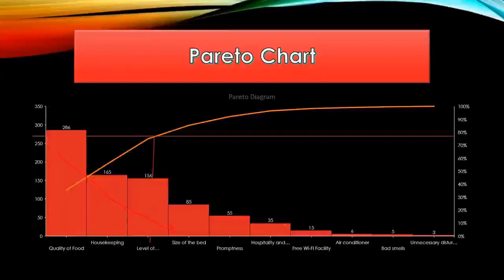In the same way, 165 of them are dissatisfied with the housekeeping, 156 of them dissatisfied with level of comfortability of room. Likewise, you can see it is with the size of the bed. Likewise, you can see that I have drawn the bar chart. That is the first step.